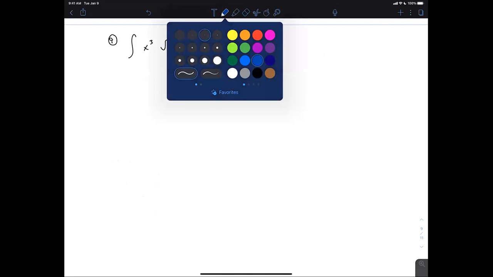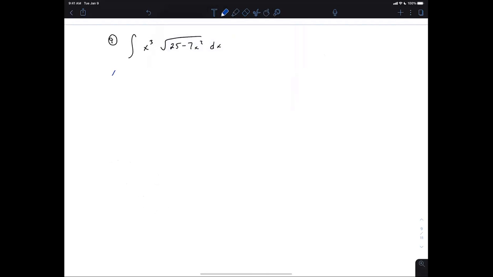But when you do it, you're going to pick x to be 5 over the square root of 7 sine theta. And so it's sine theta because it's going to be 1 minus a trig function squared. So you should pick sine. And then it's 5 over radical 7 because you're going to get rid of the 7 and you want to end up with 25. Does that make sense?